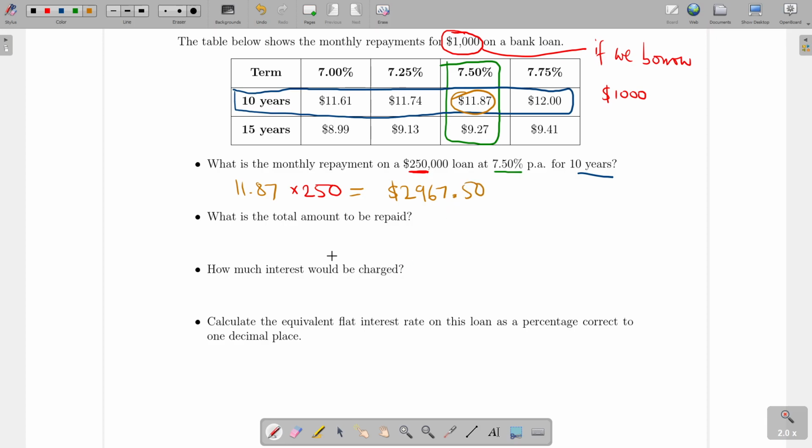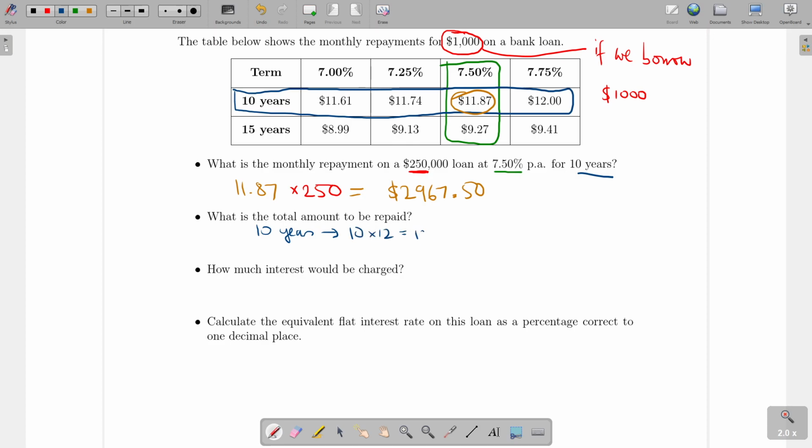Okay, so what's the total amount to be repaid then? Well, we need to pay this 2,967.5 every month for 10 years. So in 10 years, there are going to be 120 months. That just comes from multiplying 10 by 12.